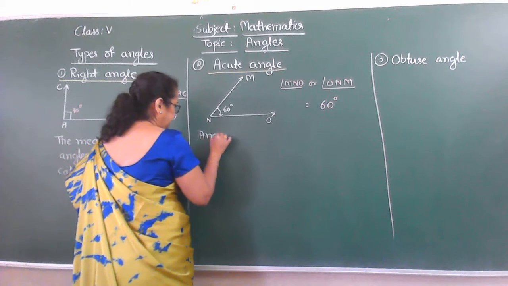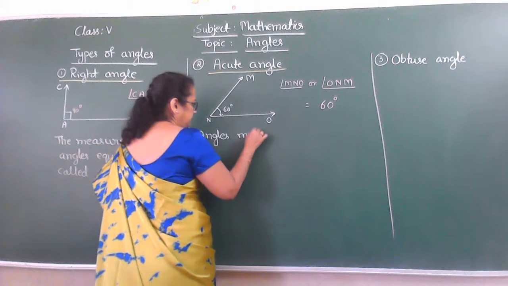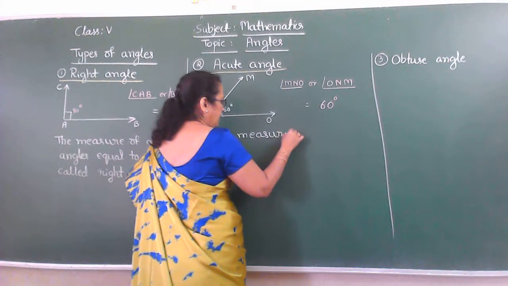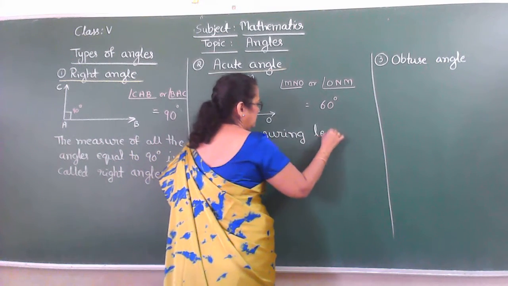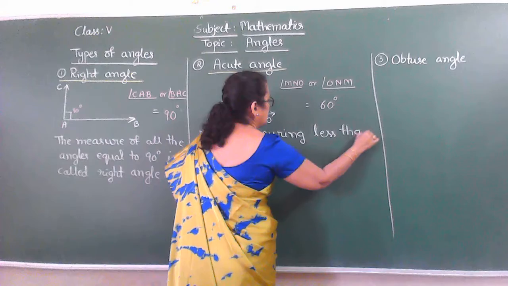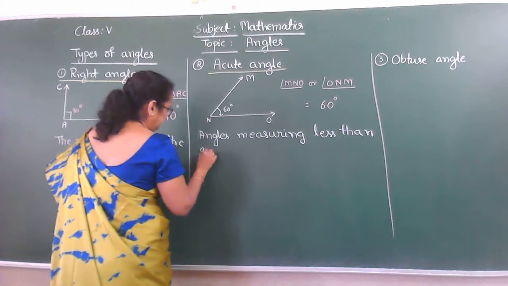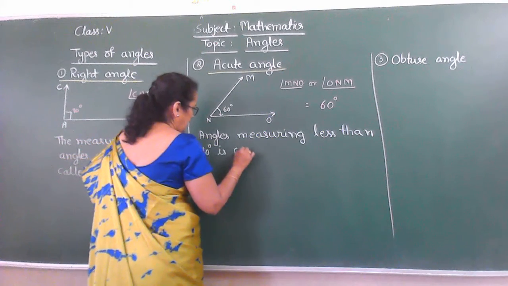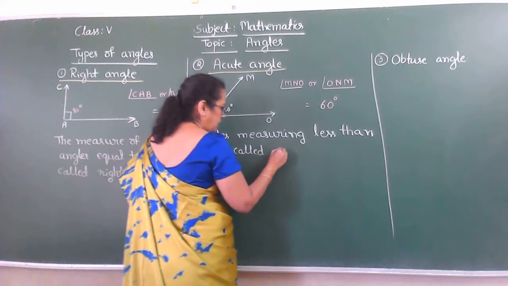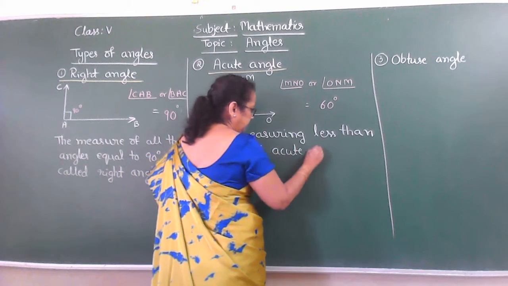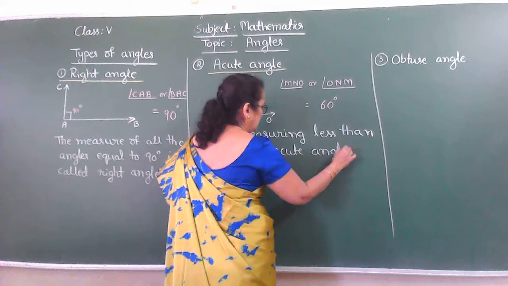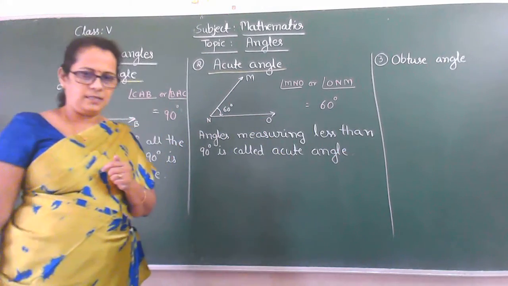Angles measuring less than 90 degree is called acute angle. Okay, less than 90 degree.